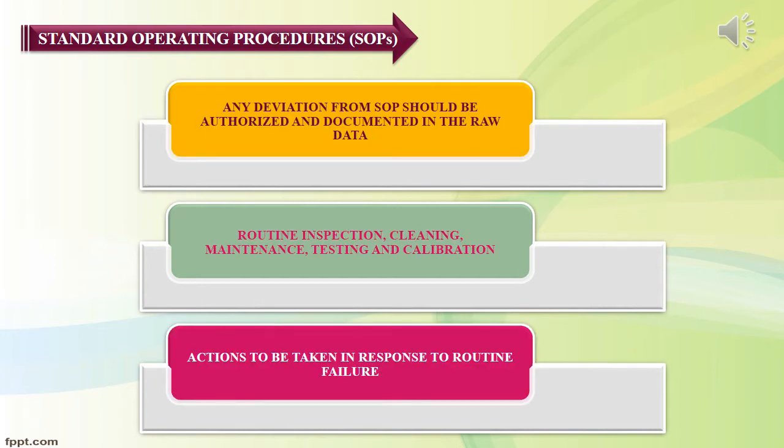Then any deviation from SOP should be authorized and documented in the raw data. Routine inspection, cleaning, maintenance, testing and calibration are to be recorded. Then actions to be taken in response to routine failure. So these are the parameters that SOPs comprise.